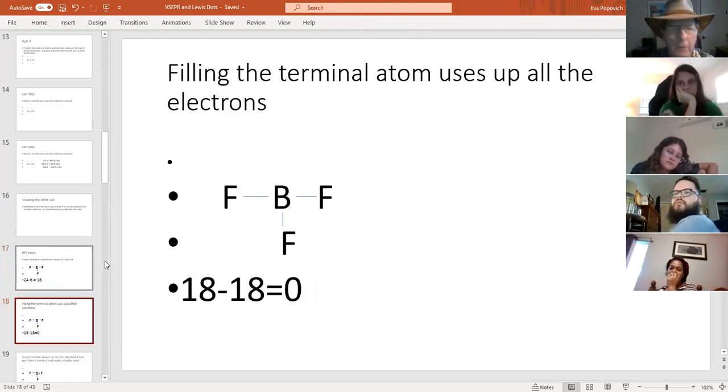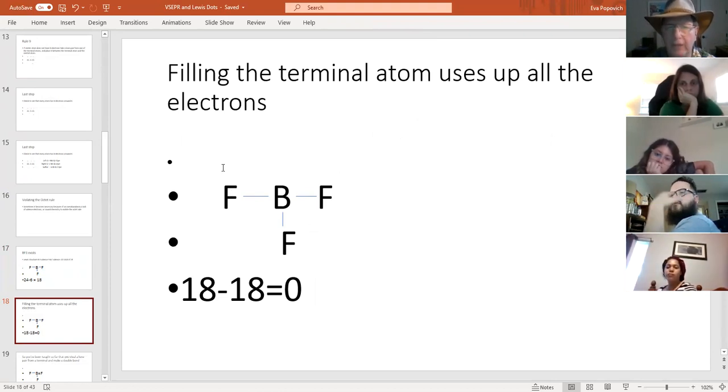My next rule says I fill the terminal atoms with electrons. That gives me 6 around this fluorine, 6 around this fluorine, 6 around this fluorine. I have used up all of my electrons, correct?